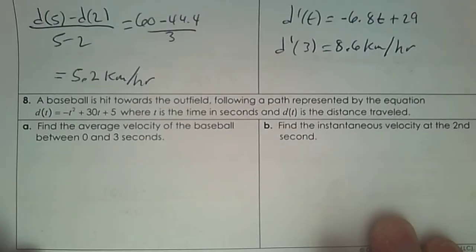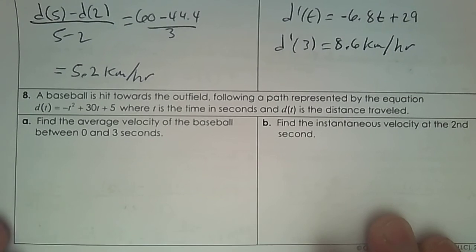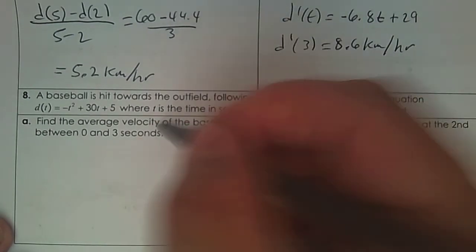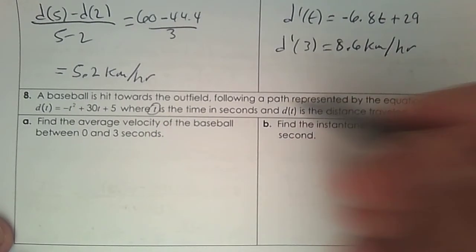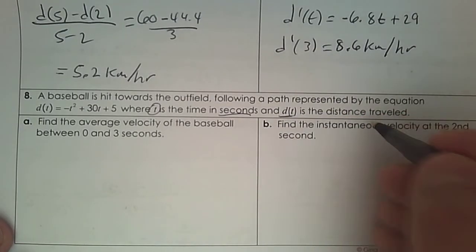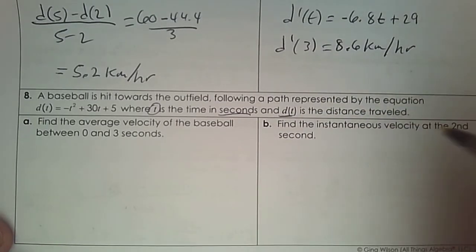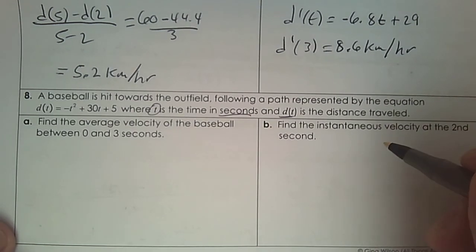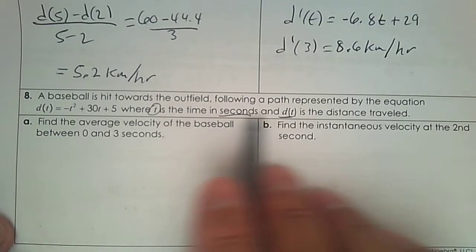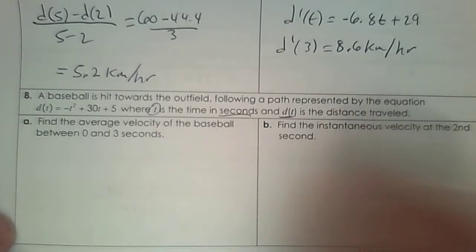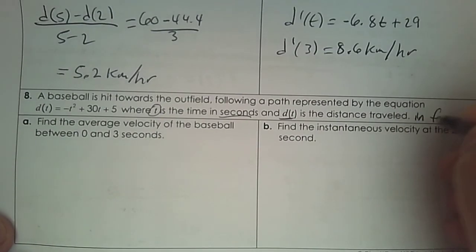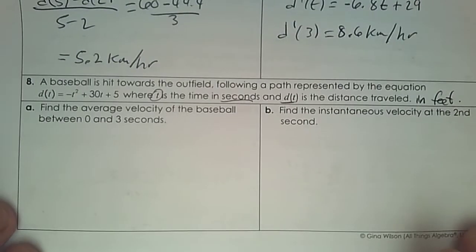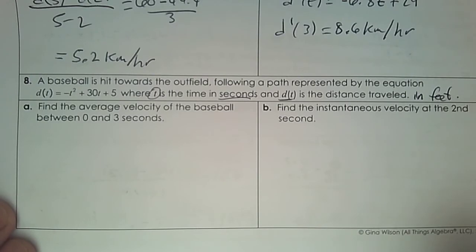A baseball is hit towards the outfield following a path represented by that equation. T, this is what I care most about, T is in seconds, D is distance traveled. Do we know if it's in feet? I'm going to write that down in feet. It should tell you in the equation, but it didn't. Find the average velocity of the baseball.